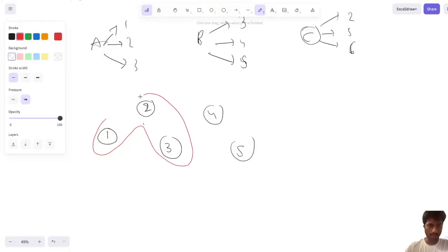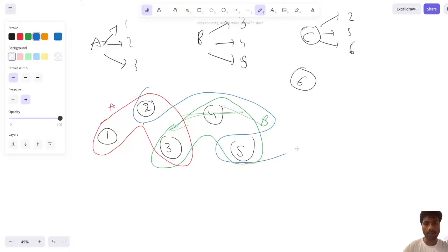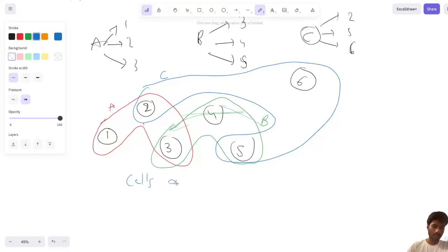Say 1, 2 and 3 got covered by A, and then 3, 4, 5 got covered by B. And let's introduce 6 also here, and 2, 5 and 6 are connected by C. Now what you see here is essentially a hypergraph, where these cells are the nodes and our keys are hyperedges.